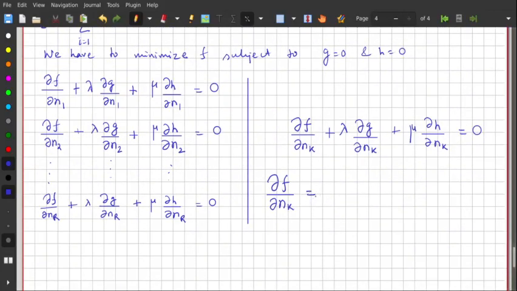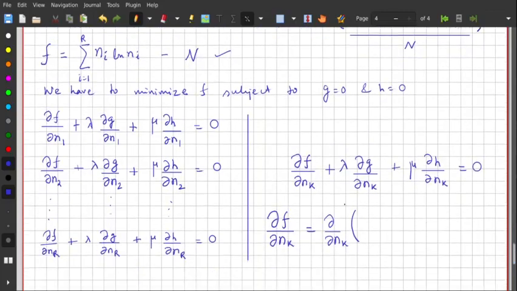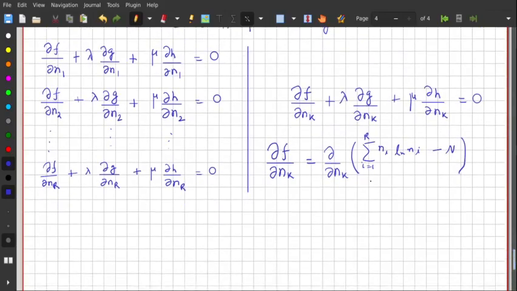Okay, so partial f partial nk is the partial derivative with respect to nk, and remember what f was. So f is the sum i equals 1 to r of n sub i log n sub i minus n. And remember n1, n2, n3, all those are independent variables.